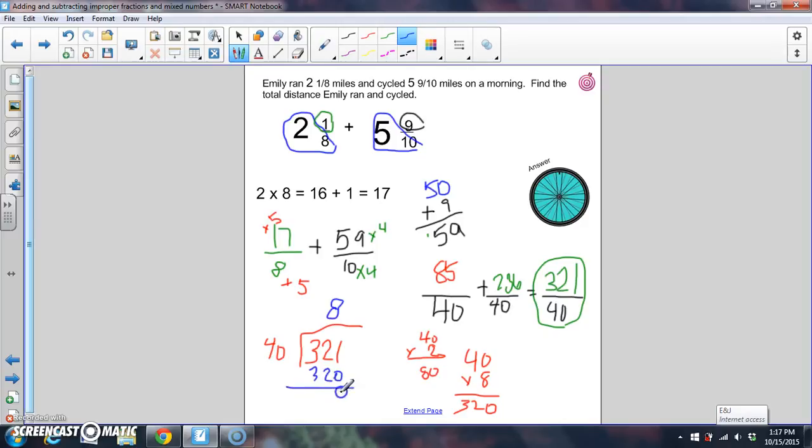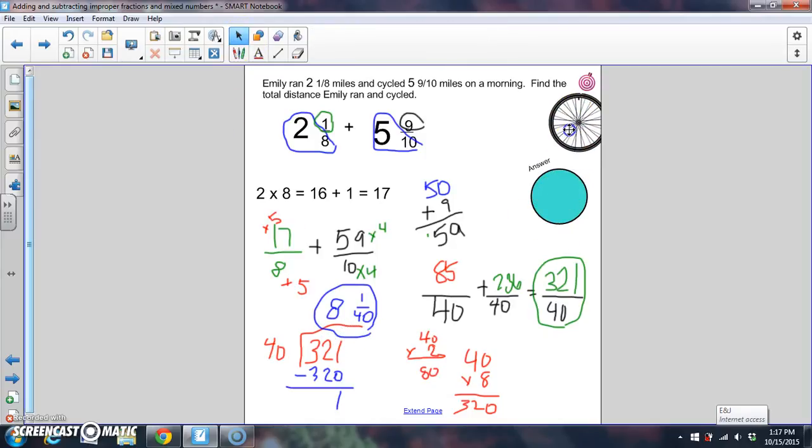We're left with 1. Now instead of writing R1, we're going to use this 1 to be the numerator, and the 40 will stay the denominator, since that's been the denominator that entire time. Eight and 1/40th of a mile was ran and cycled by Emily.